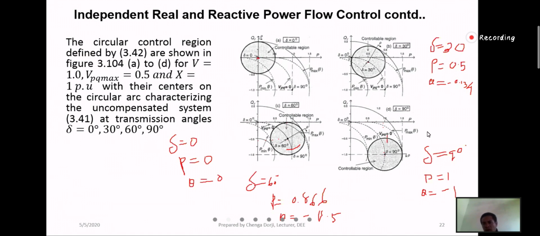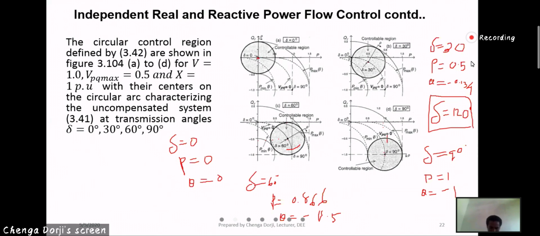Now when del is equal to 120, can you draw? Del is equal to 120.